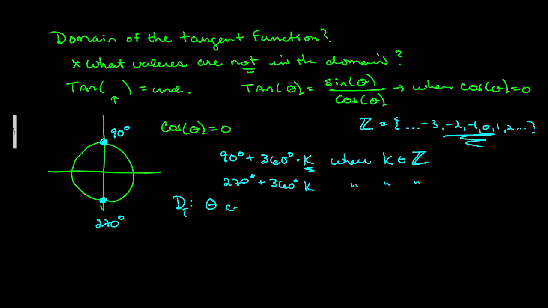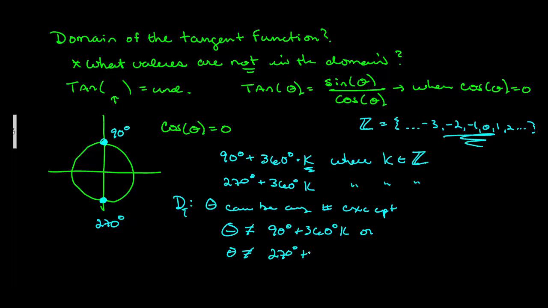Theta can be any number except theta cannot equal 90 degrees plus 360k, or however you want to say it, theta cannot equal 270 degrees plus 360k. So the domain is any number except for those multiples.